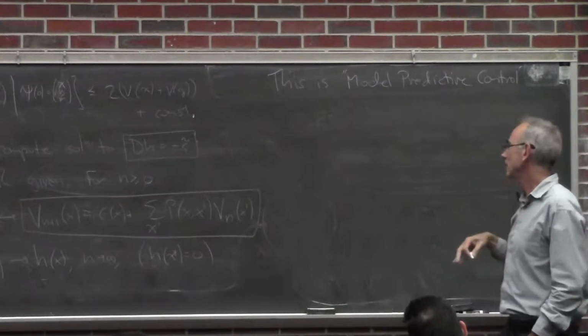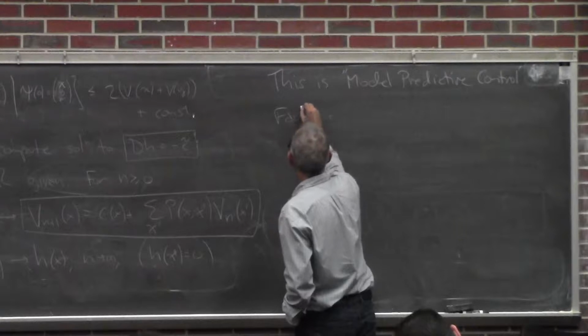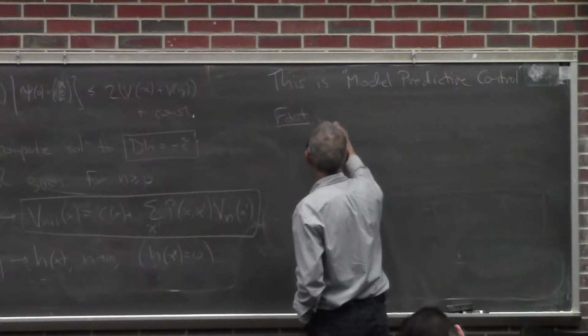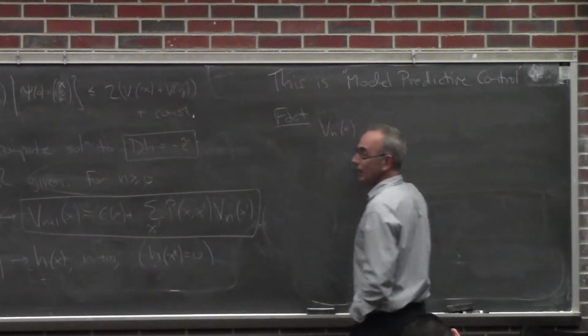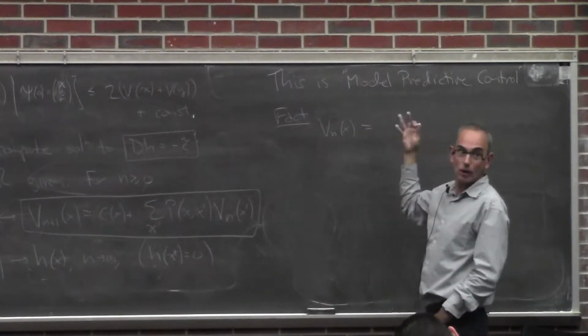Because it turns out, to be shown, in fact, if you look at this function Vn of x, it is just a finite horizon cost.